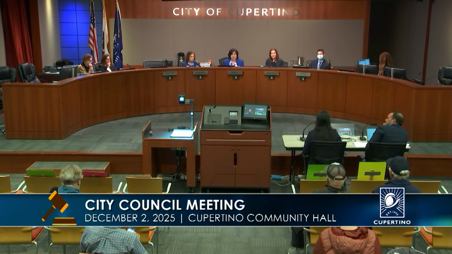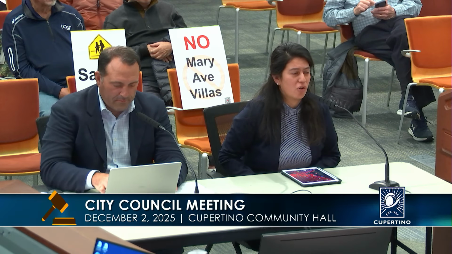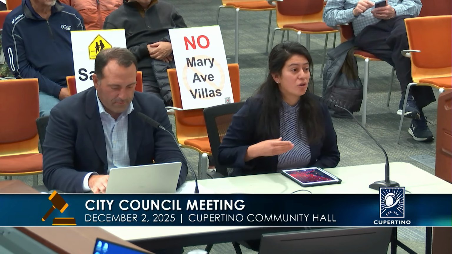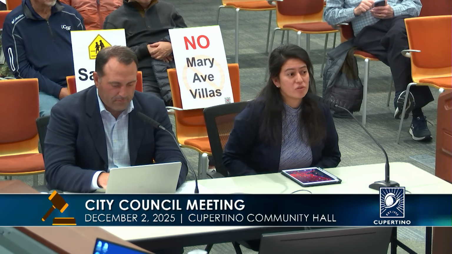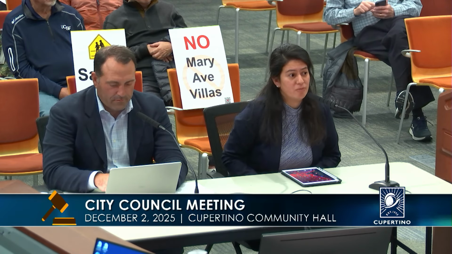I believe the next tier is if there is a Cupertino caretaker that's related to the IDD individual. And then I think there's a third tier, if I recall correctly. There are multiple tiers because it can be difficult to find someone that meets all the criteria.